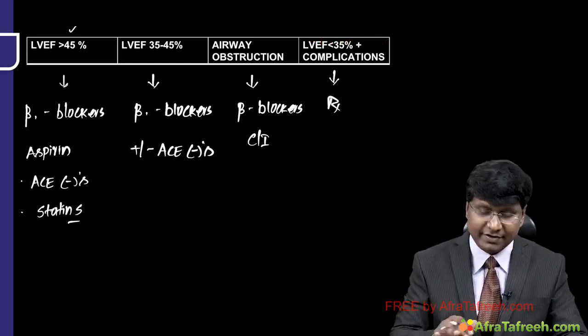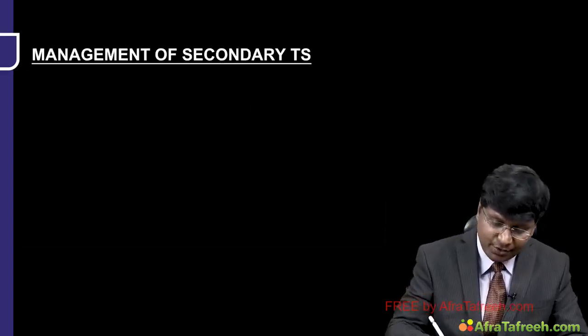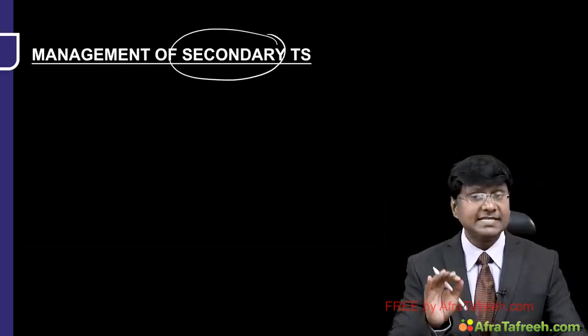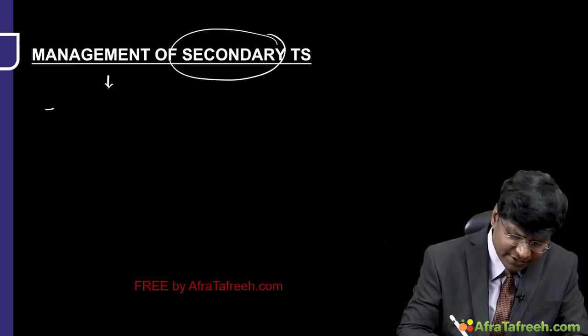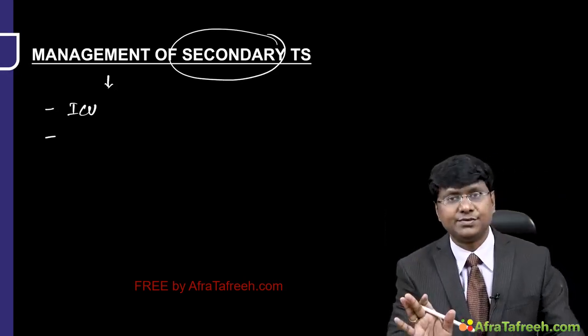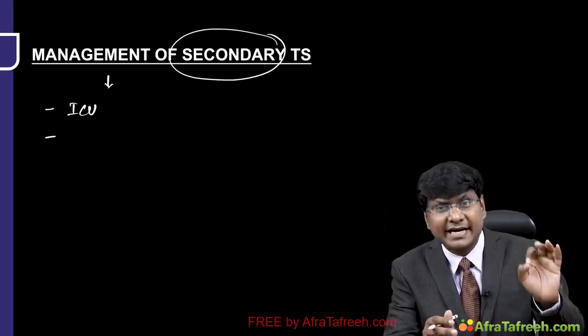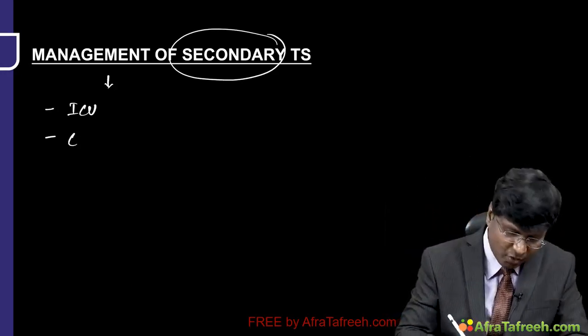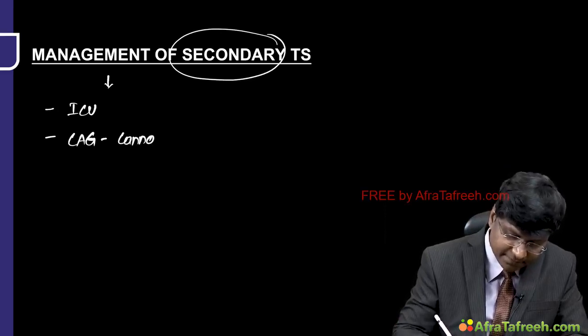Whatever we have discussed was mainly the treatment of primary Takotsubo cardiomyopathy. Now for secondary Takotsubo cardiomyopathy, these patients are admitted in the intensive care units, and because of their critical illness, the coronary angiogram cannot be performed.